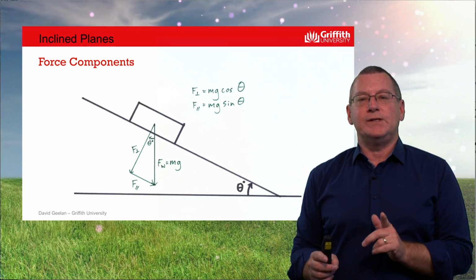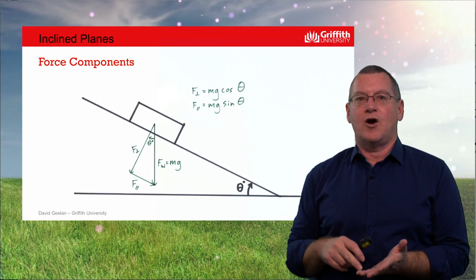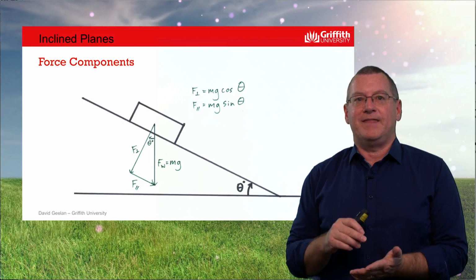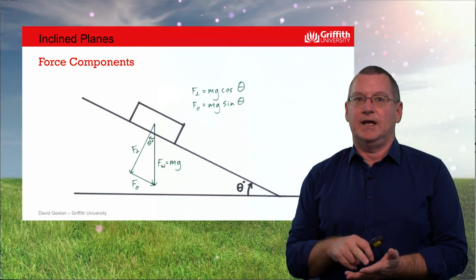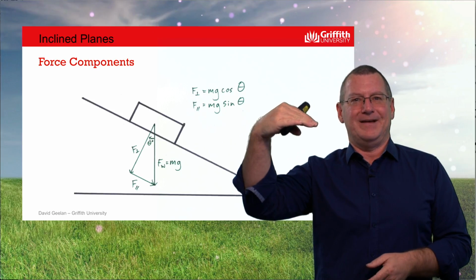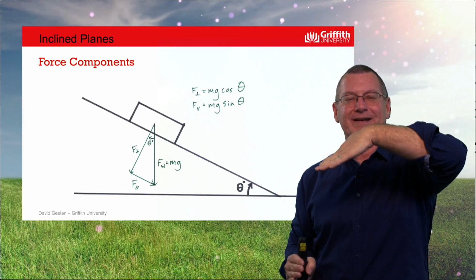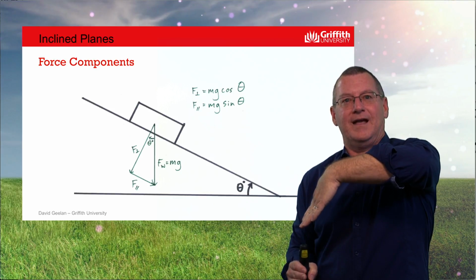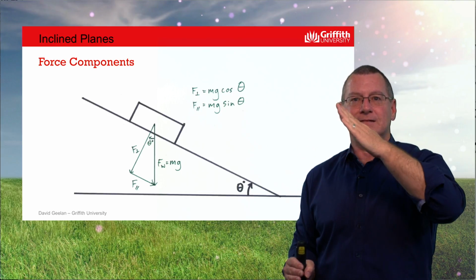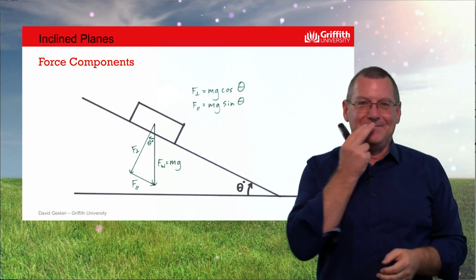If you use your trigonometry, your SOHCAHTOA, sine is the opposite over hypotenuse, cos is the adjacent over hypotenuse. You don't need tan for the purposes of this. Then you find that the perpendicular force, which is the force into the plane, is given by mg cos theta, and the force parallel to the plane is mg sine theta.